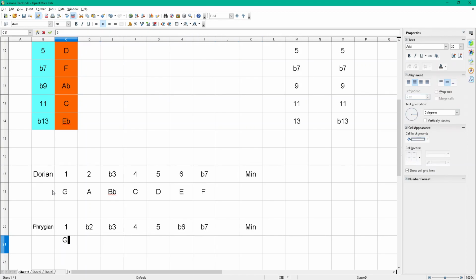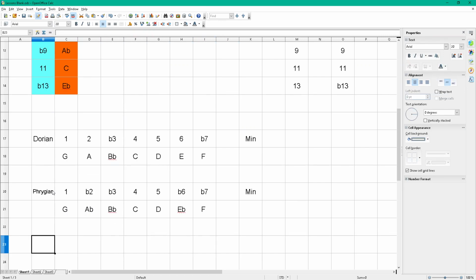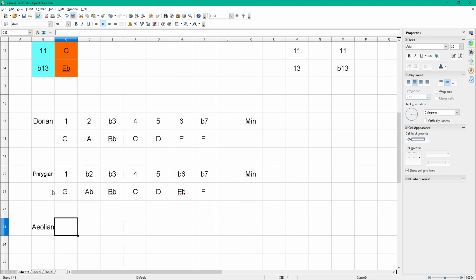And this becomes G, A flat, B flat, C, D, E flat, F. And if we keep going, we have a third option when it comes to major modes, and that's Aeolian, which is 1, 2, flat 3, 4, 5, flat 6, flat 7. And in the key of G, the notes will be G, A, B flat, C, D, E flat, and F. And again, this applies to minor chords.